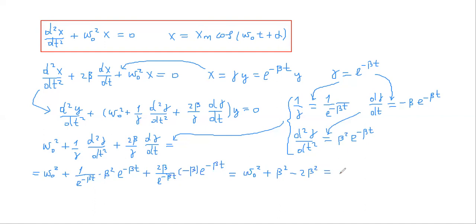And this is equal to omega 0 to the power of 2 minus beta to the power of 2.